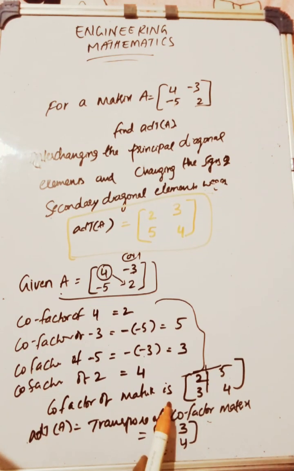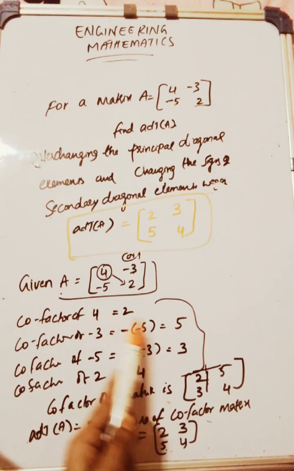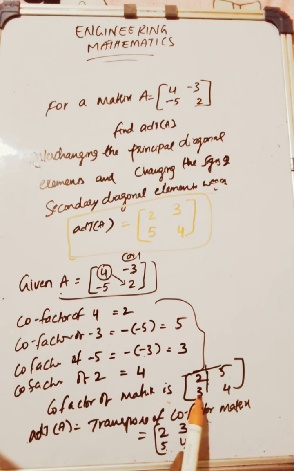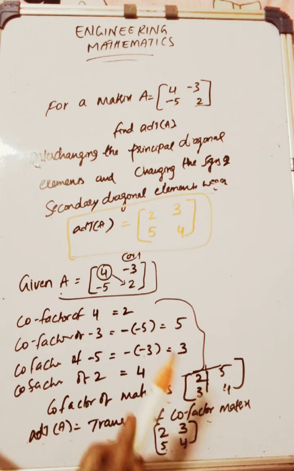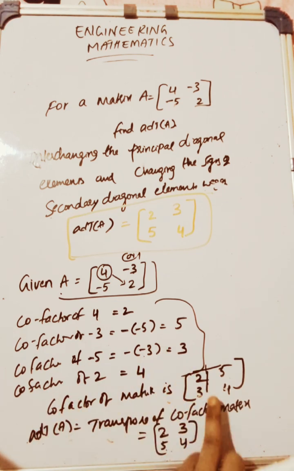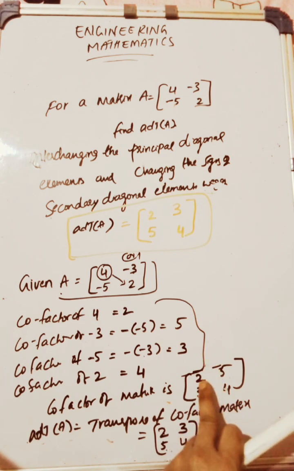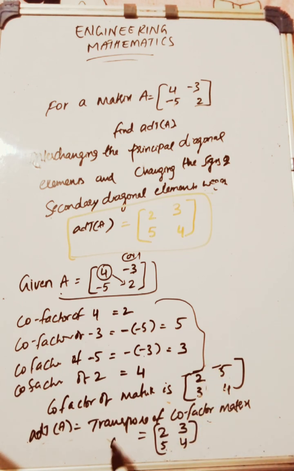The cofactor matrix is 2, 5, 3, 4, a 2 by 2 matrix. Adjoint of A is the transpose of the cofactor matrix. See how I interchange rows and columns: 2, 3, 5, 4. This is the adjoint of A.